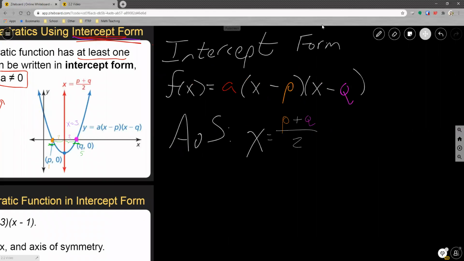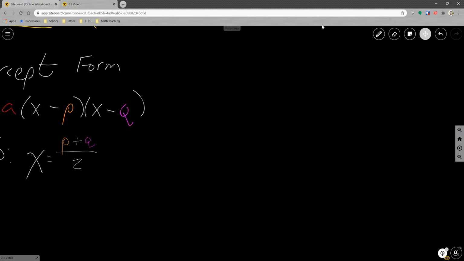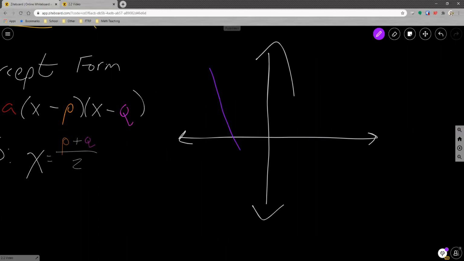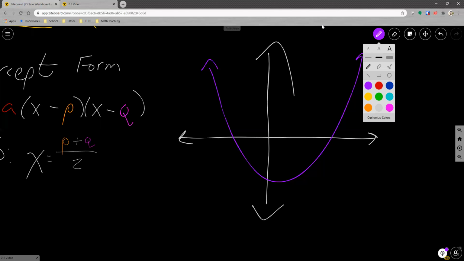So these are the big takeaways from this. And remember, on a general graph of a quadratic, let's use purple, I've got some random quadratic here. I've got some important points, right?